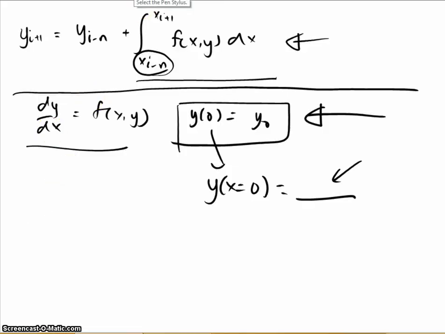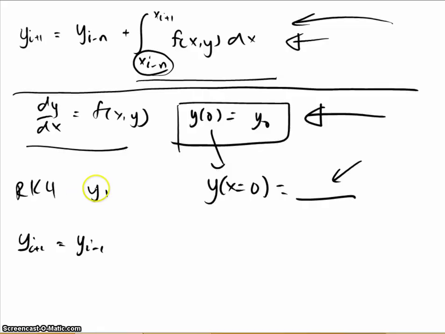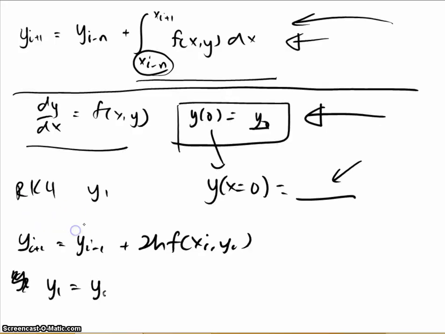Let's say we use our fourth order Runge-Kutta method to find out the value of y1. Once we have y1, we can then apply our open Newton Cotes method by using the rectangular rule. In this case, we'll have y_{i+1} equals y_{i-1} plus 2h f(x_i, y_i). Here, your y_{i-1} would be your y0.